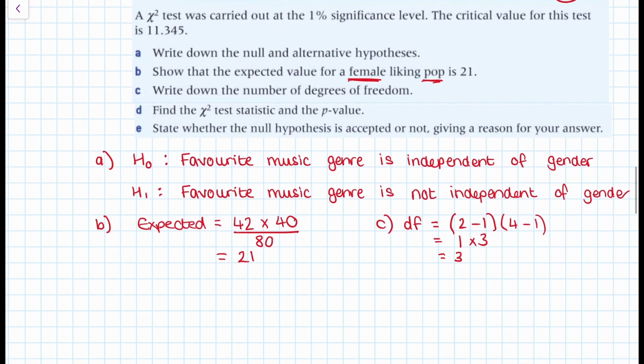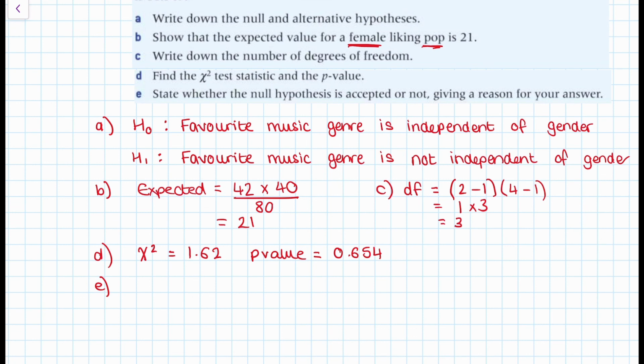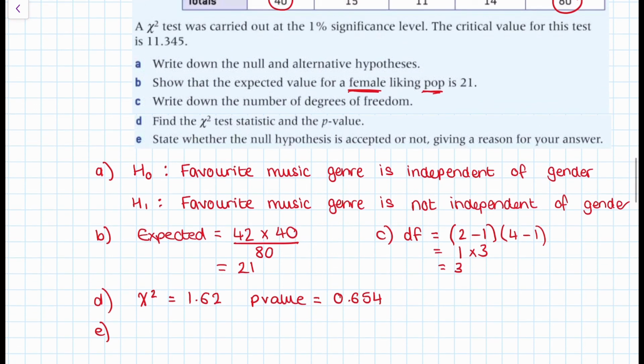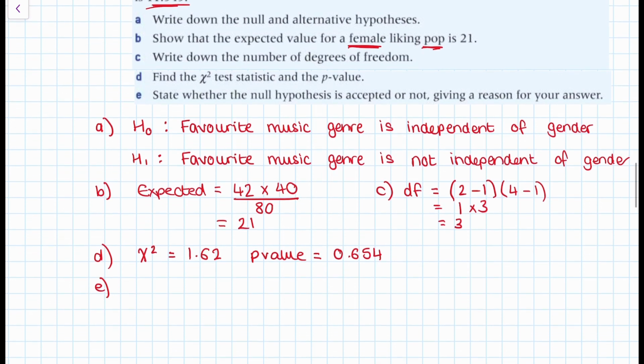D, find the chi-squared test statistic and the p-value. So follow those steps from before in your calculator and you'll find that the chi-squared is equal to 1.62 and the p-value is equal to 0.654. Then E, state whether the null hypothesis is accepted or not. So we can use the chi-squared or p-value because in the question we were given a significance level of 1% and a critical value of 11.345.